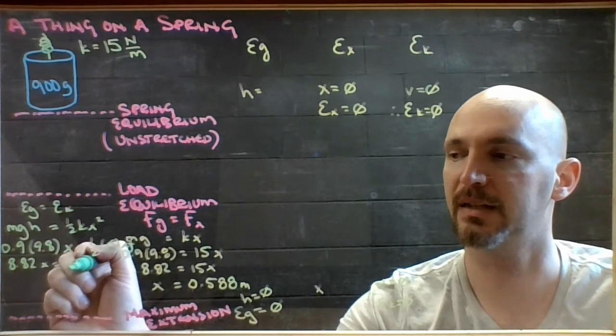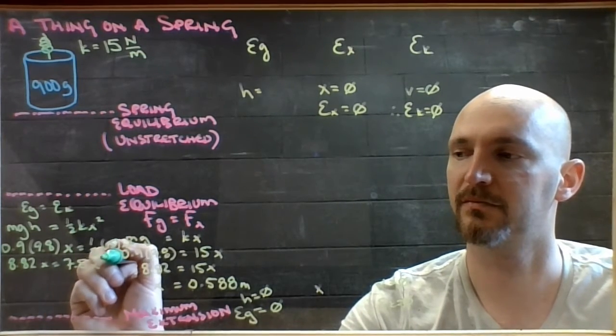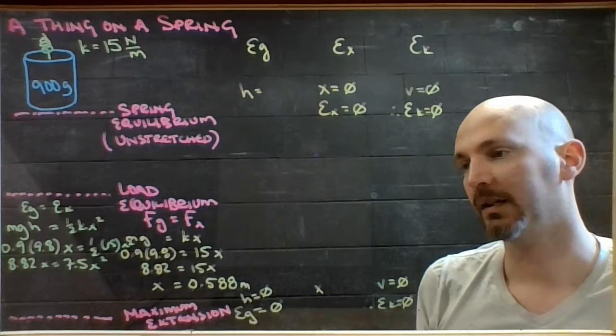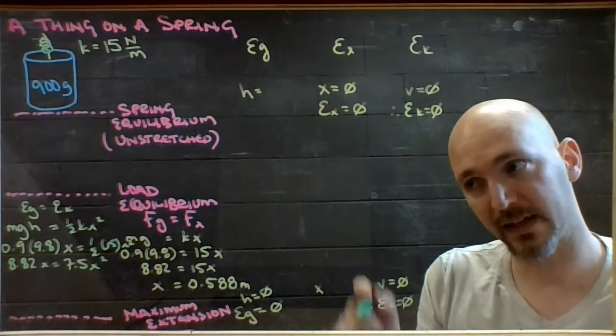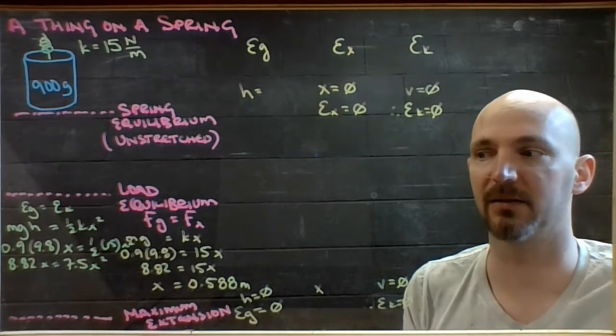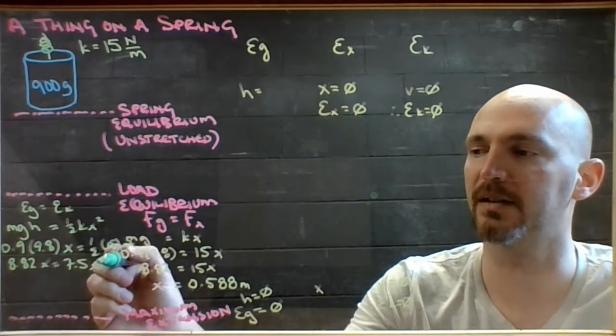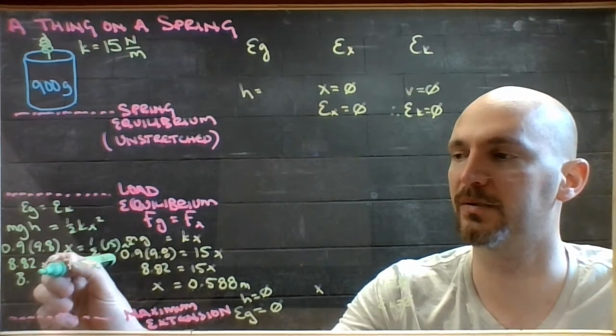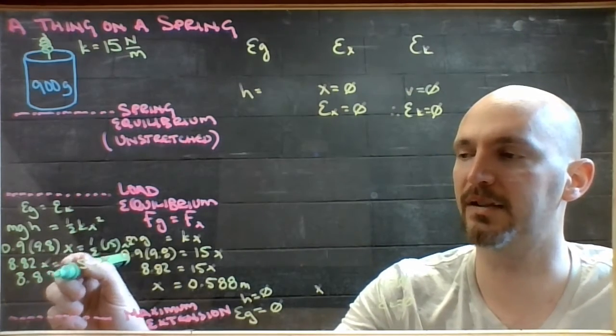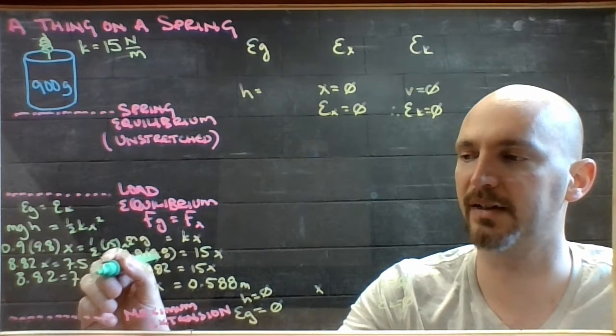Half of 15 is 7.5. Now I have an x on both sides, which means I can divide them out unless x is 0. So I'm going to do that. That leaves me with 8.82 equals 7.5x.